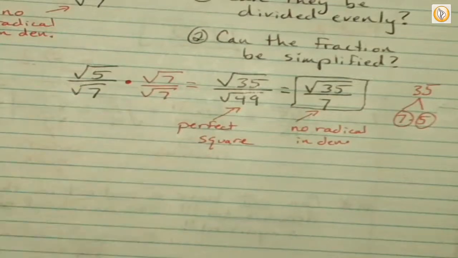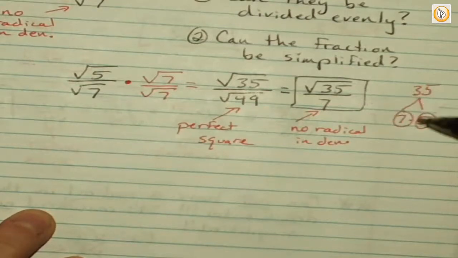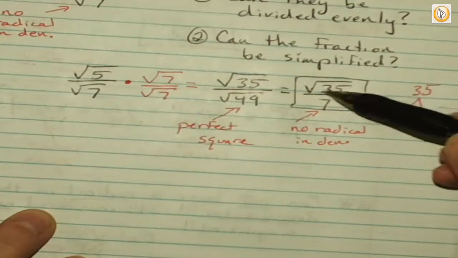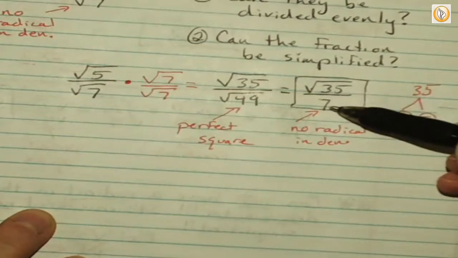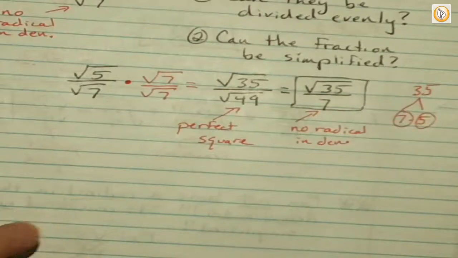Remember that you still have to simplify this top number if possible. So you've got to work it out. Oh yeah, there's no pairs. I just have 2 prime numbers right here that are not the same. So this is already simplified. There's no radical here, and this is simplified, so this is my answer.